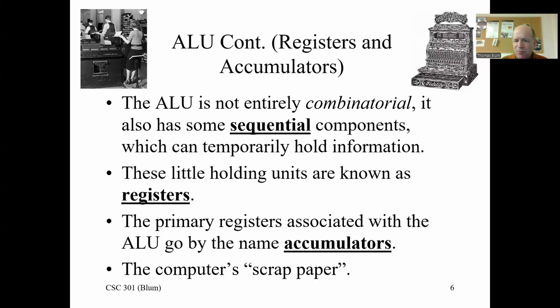The register most closely associated with the ALU is sometimes known as an accumulator. These registers in the CPU, working with the ALU, are like the computer's scrap paper, if we pretend the computer is a person who needs a little bit of paper to write down a partial answer along the way.